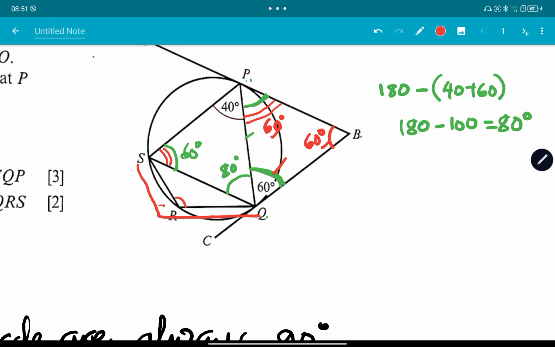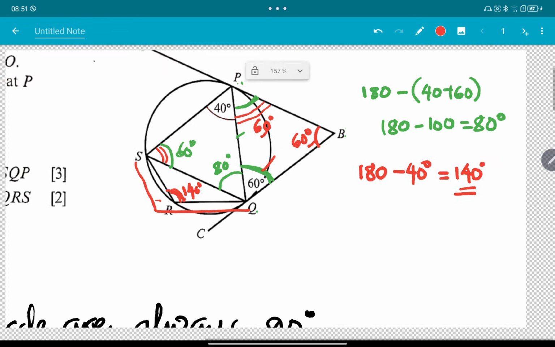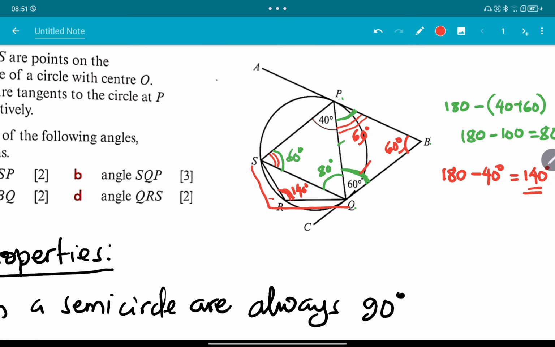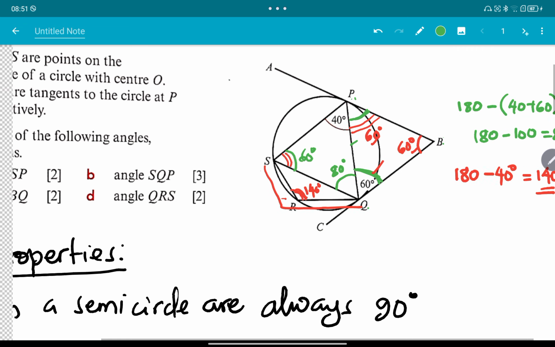To get this angle here, I'll easily take 180 minus 40 degrees to give me 140 degrees. So this angle is 140 degrees. Having done that, I think we've covered pretty much what is in that shape, so we can now try answering the questions that we have there.